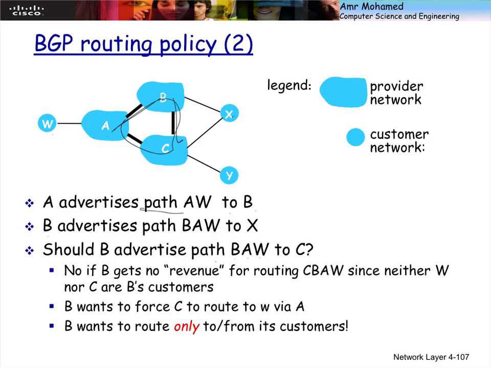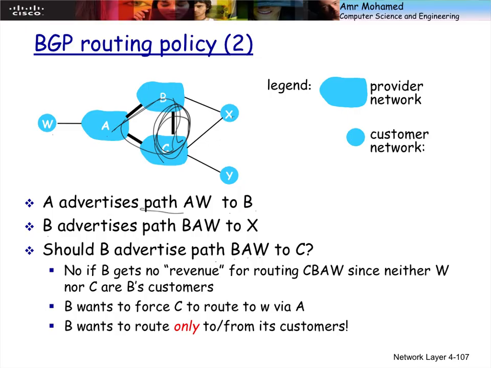So they know this. Sometimes because B gets no revenue مثلا for routing this particular traffic to C. يعني sometimes this connection between the autonomous systems is only to facilitate the communication, but that doesn't mean that خد بالك B and C are peers in that case.